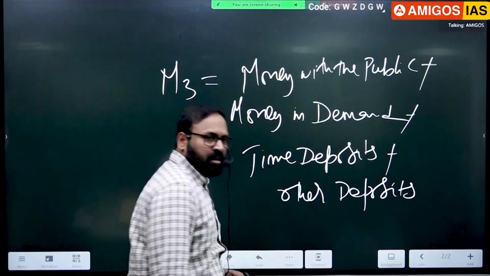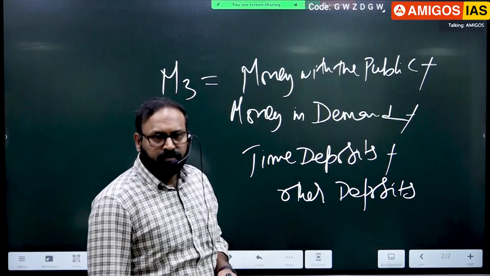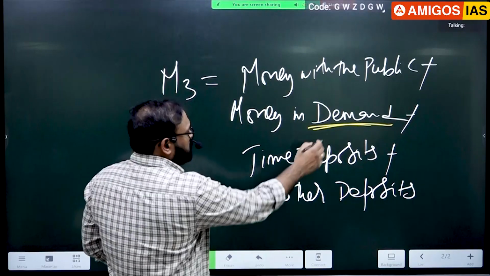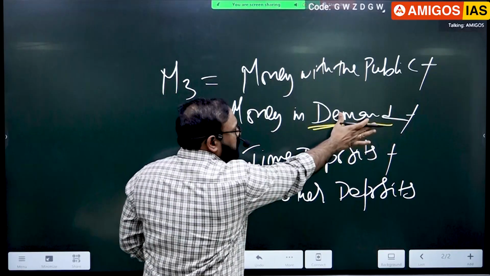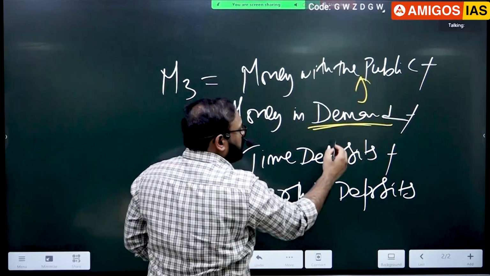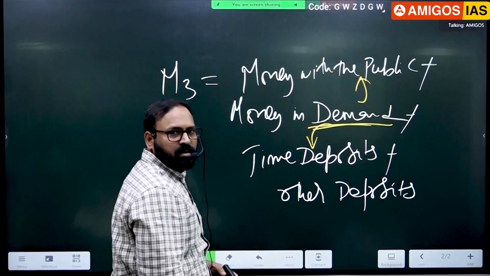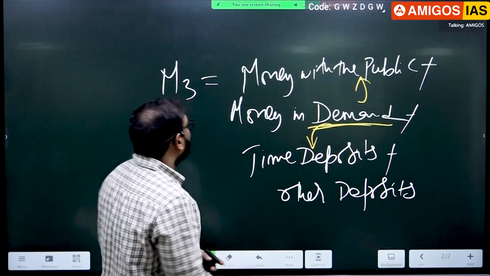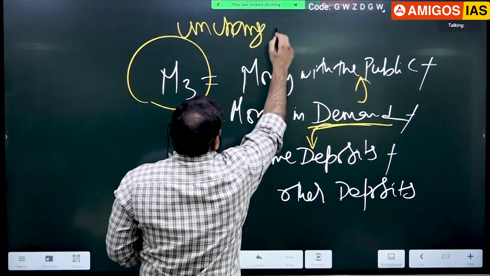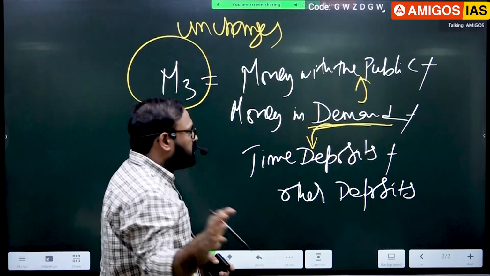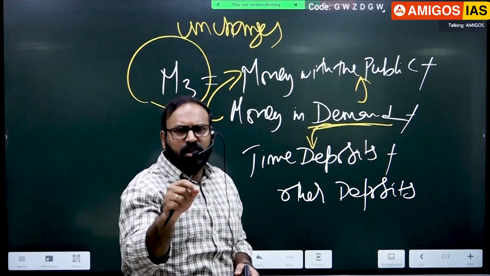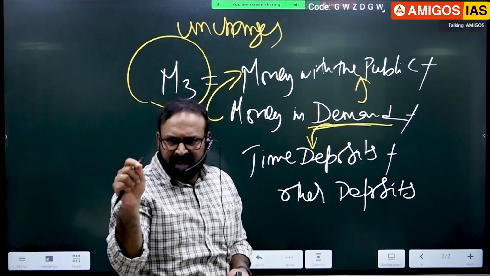Now the question is, I have withdrawn 1 lakh from here. Once I withdraw money from here, where does it go? Either it should be in my pocket or it should be in time deposit. Generally, economics says it moves to money with the public. I have withdrawn only for some purpose, to spend somewhere.